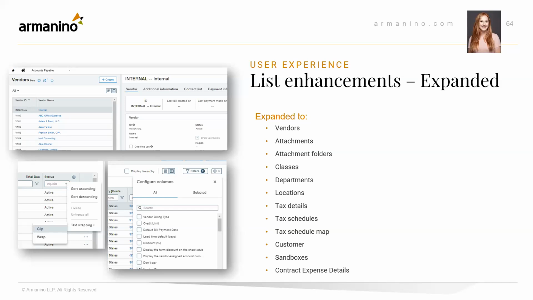See if there's anything that you really like or anything that you very strongly dislike. There's also going to be an option when you're in the beta interface to share feedback to Intacct. Eventually all of the list screens will look like the new list view, so that's why the feedback is so important. Make sure that we're sharing feedback with Intacct so that they can get this right before it's the only option that we all have.